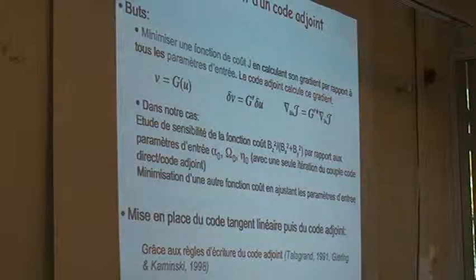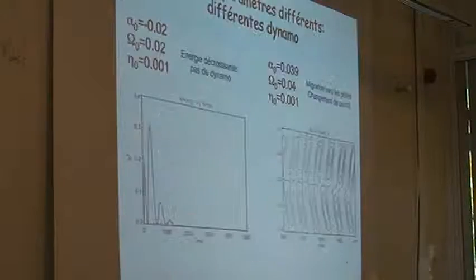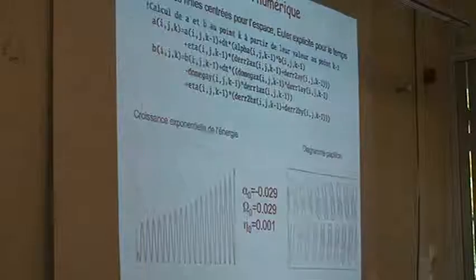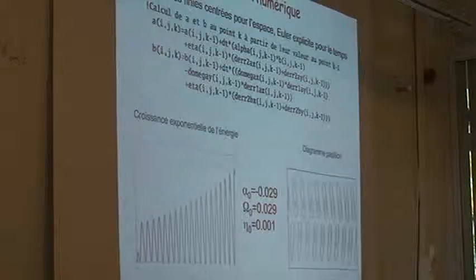You have preempted half of my question. The other half is basically about time sampling. So in the observation, how often do you, within a cycle, how many observations do you have? 10, 25? Rough idea. I have very few. I have an observation every 100 iterations.